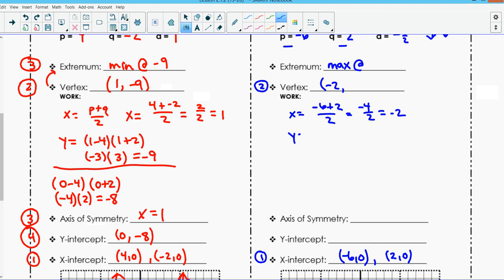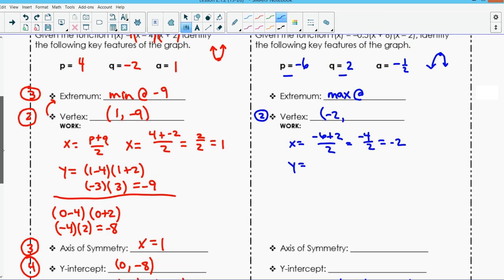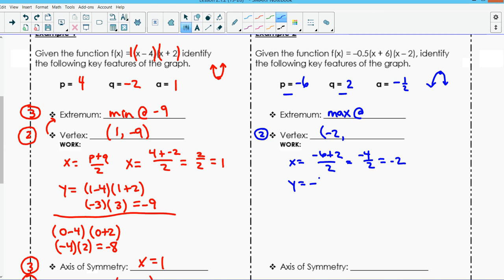I'm going to say y equals, so I know I'm finding y. I'm going to substitute back in. So this is going to be -1/2 times -2 plus 6, and -2 minus 2. Alright, -1/2 times 4 times -4.